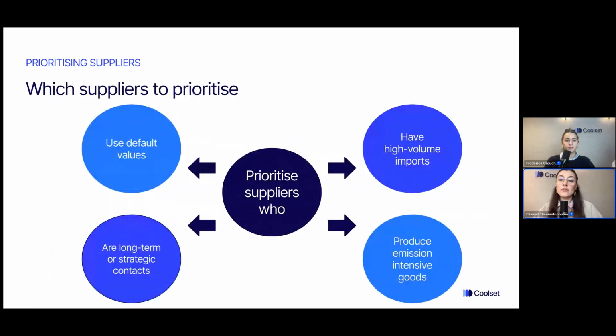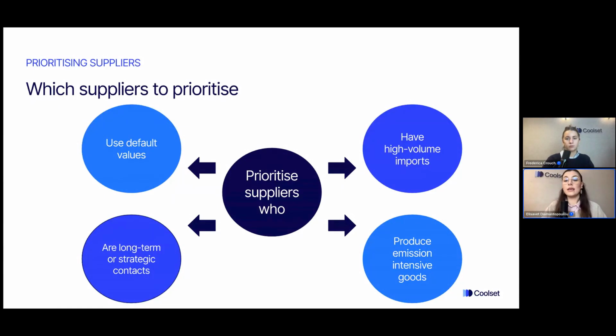So considering all of this, when you decide where to invest your time and effort, you should prioritize suppliers where you can directly contribute to lowering the costs for them. For example, you can focus more on suppliers that you currently rely on default values for, or prioritize suppliers with high volume imports, so it makes sense that you have the most accurate data for this.